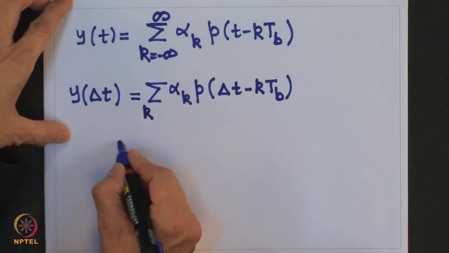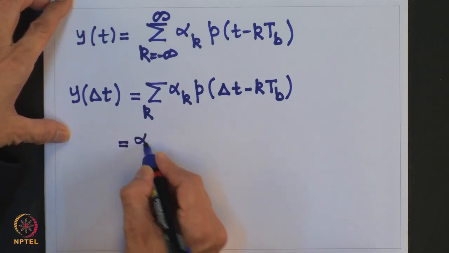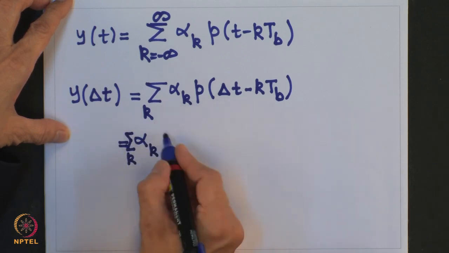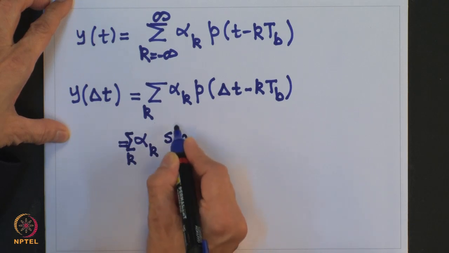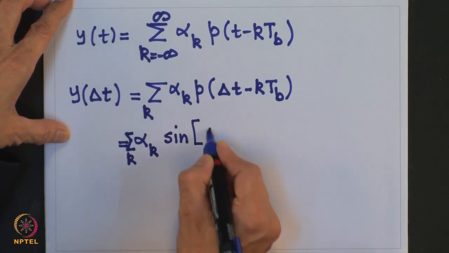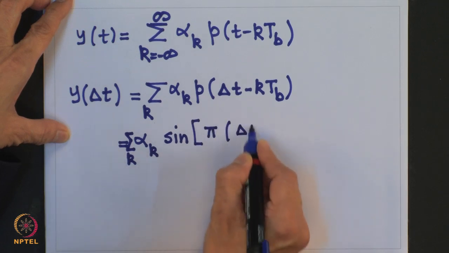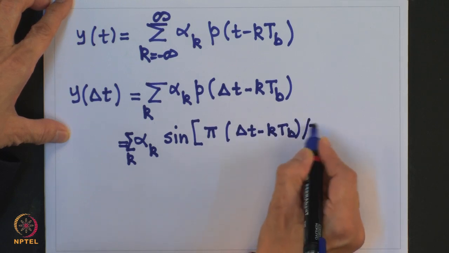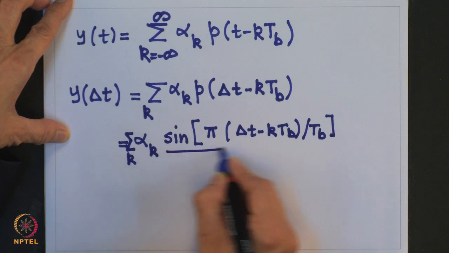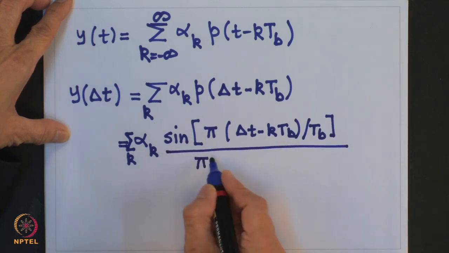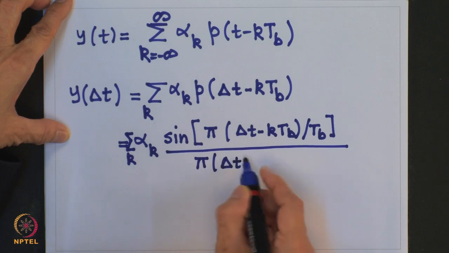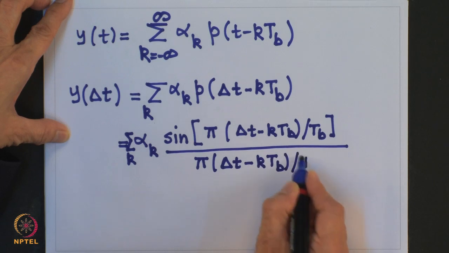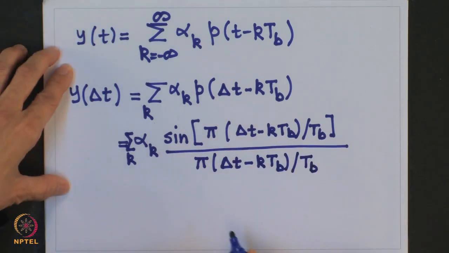So let us try to expand this. We have chosen the sinc function, so this would be equal to sine of pi, and I am just substituting the value in the sinc function.